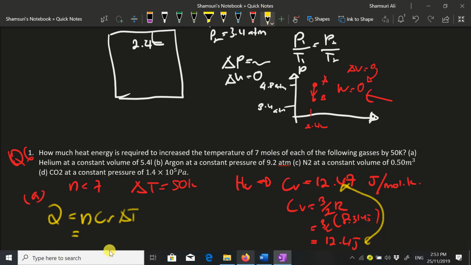So n is 7 mole, our CV is 12.4, we already calculated it, and delta T is just about 50 K.